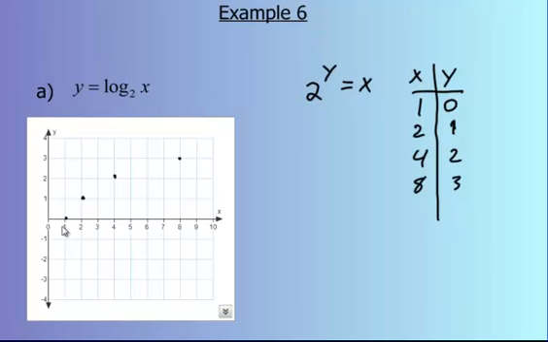So we can kind of see what this is looking like. I can even substitute a -1, so 2 to the -1 power gives me 1/2. So 1/2 and then -1. And then you just connect those points. You try to, more successfully than me, because I'm just really weak at this on this pad. Anyway, hopefully you get the idea. So that's a little easier way of doing that.